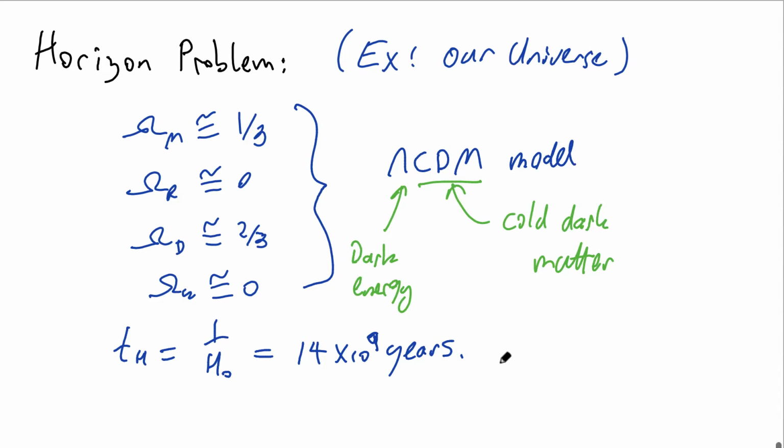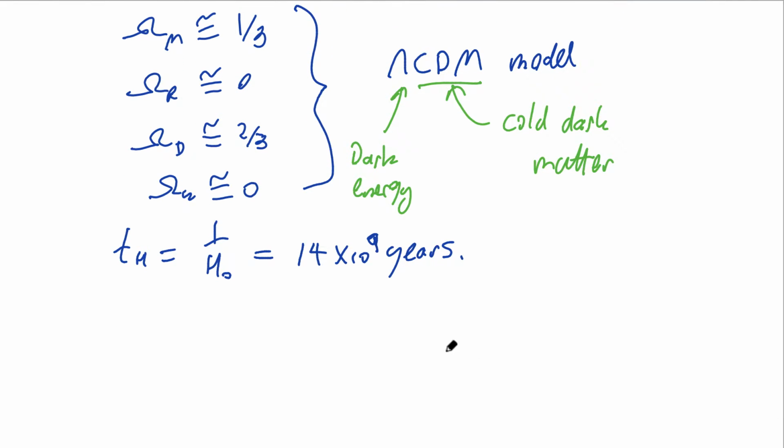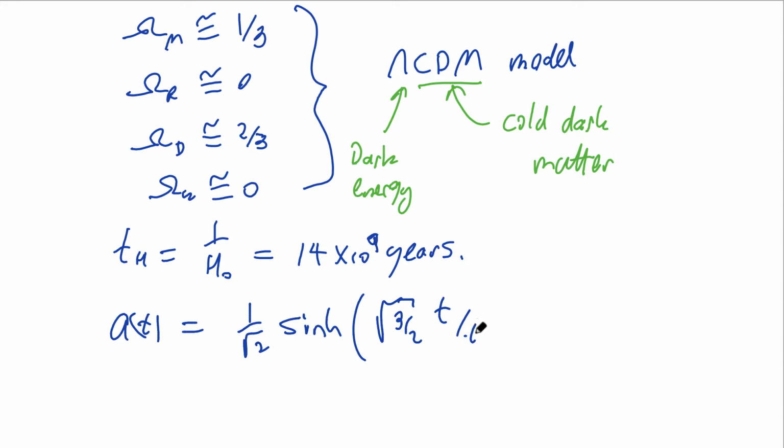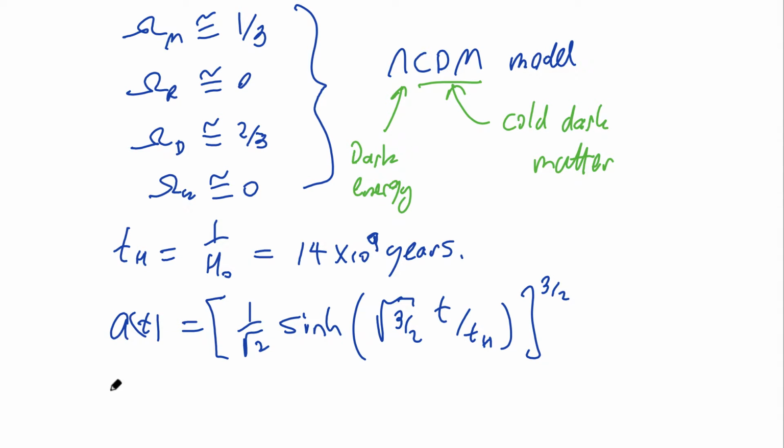Now for this model, we can compute the scale factor analytically. Just following the steps outlined earlier in this lecture, we find a(t) is equal to 1 over square root of 2 times hyperbolic sine of square root of 3/2 times t over t_H, all of this to the power 3/2. We also find for this solution that the time of the Big Bang is 0.